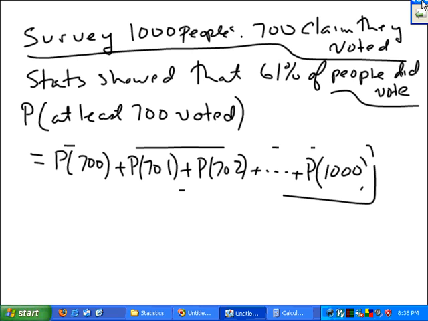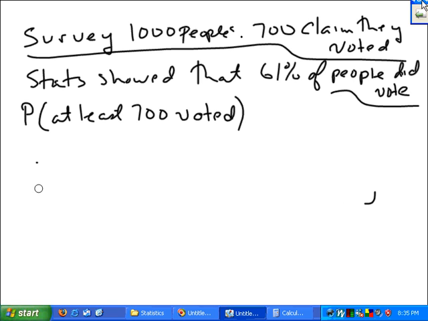But first, we have to erase the board, and then we need to make sure that we meet the conditions that allow us to use the normal distribution. We need to make sure that np is bigger than 5, and that nq is bigger than 5.